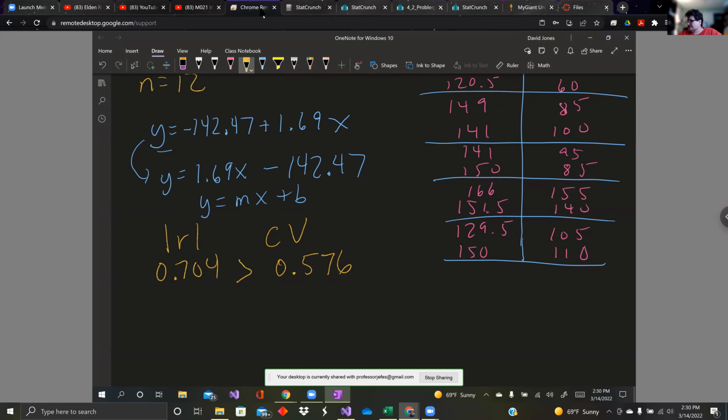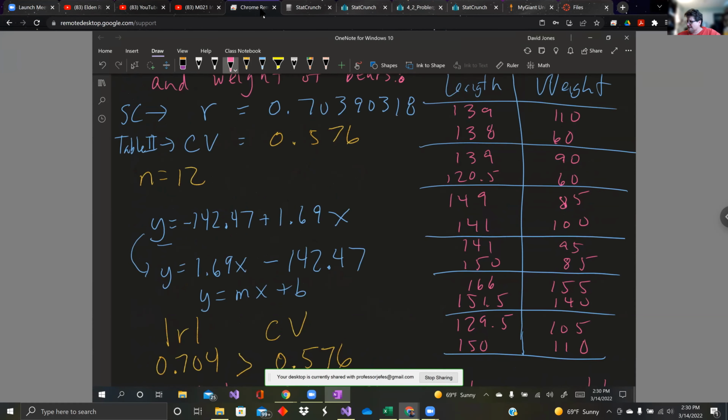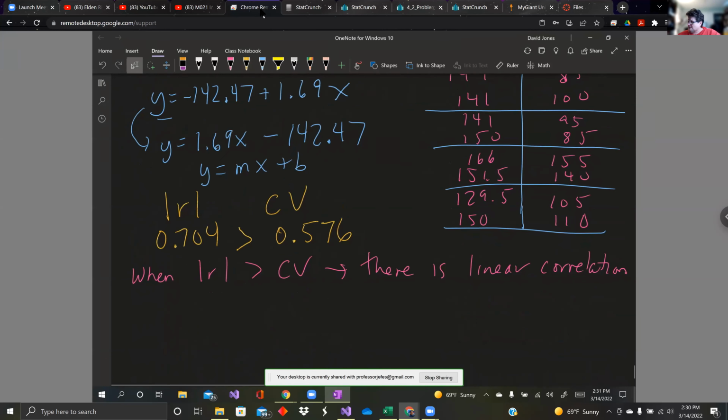Since this is the case, when the absolute value of R is greater than critical value, there is linear correlation. And the fact that R was initially positive, R equals 0.703 is positive, it means there's positive linear correlation.